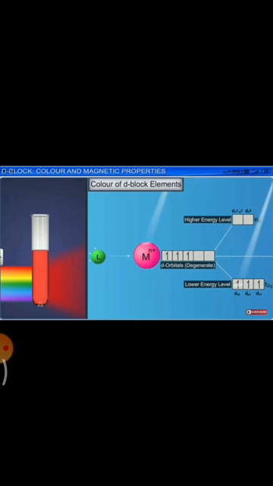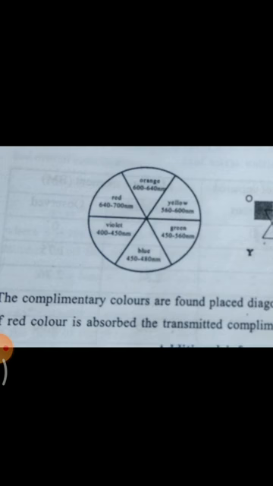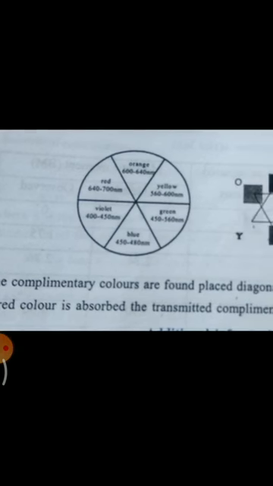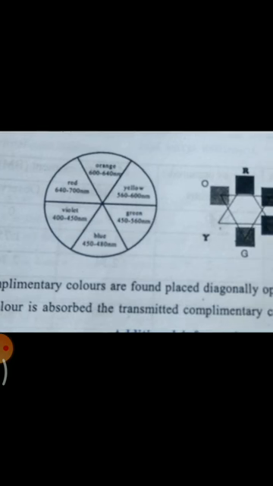Here you see how to find the complementary color. The complementary color can be known from the complementary color chart given here. The complementary colors are placed diagonally opposite.